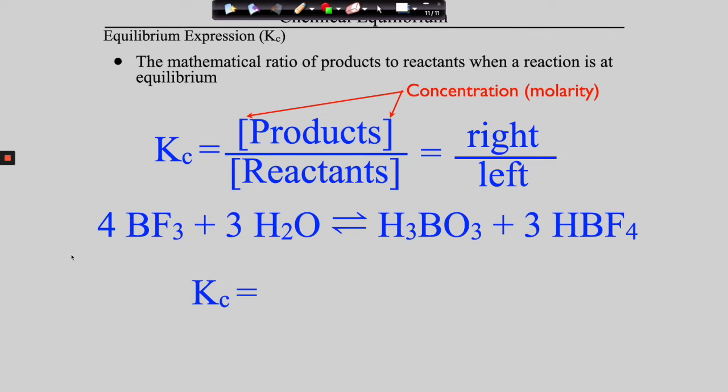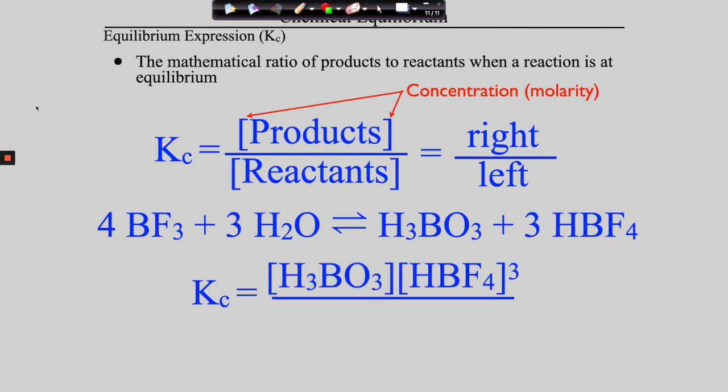So, guys, this is it. Write it down with me. Given this balanced equation, the Kc expression looks like this. In the numerator, you have the H3BO3, and you have the HBF4, but that's cubed. Then the denominator of the fraction looks like this: BF3 to the 4th power and water cubed.